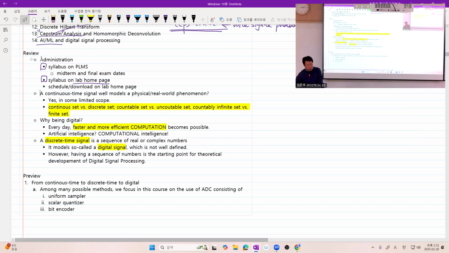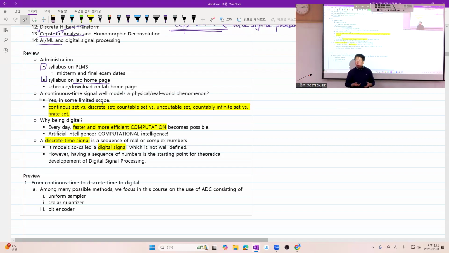After the course administration, I immediately started some discussions about digital signal processing. The first one is this one. We all know about continuous time signal processing, I hope, because it's covered in Signals and Systems, one of the prerequisites of this course.